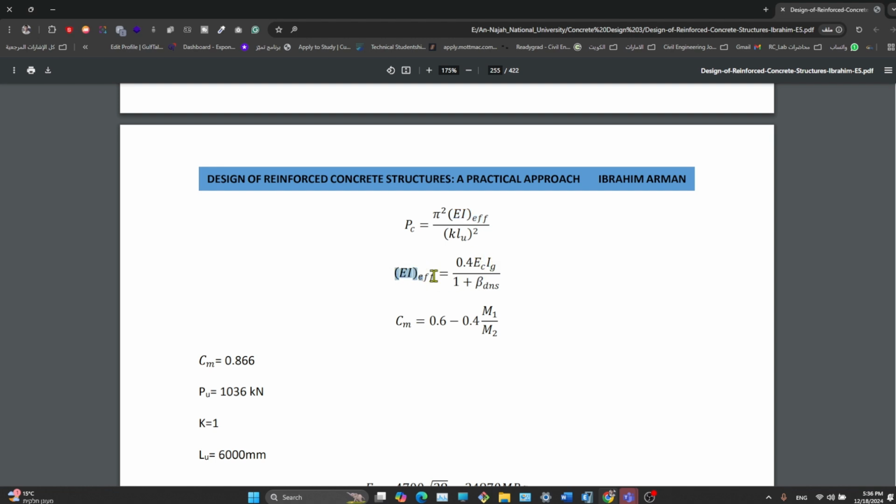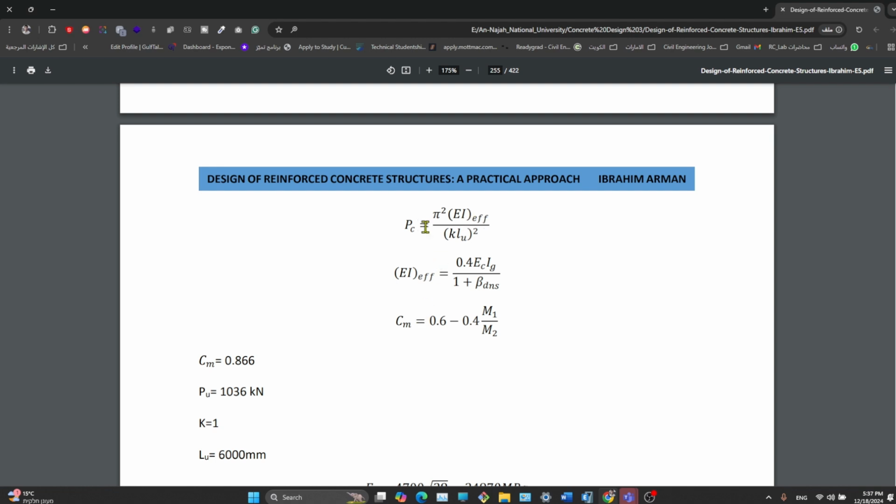So EI is equal to 0.4 EC IG over 1 plus beta DNS. Beta DNS is computed from the ultimate dead and live formula. Okay, EC is computed, IG is computed, then I can compute the EI, the effective stiffness factor.